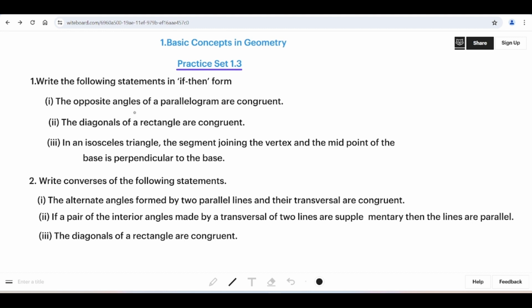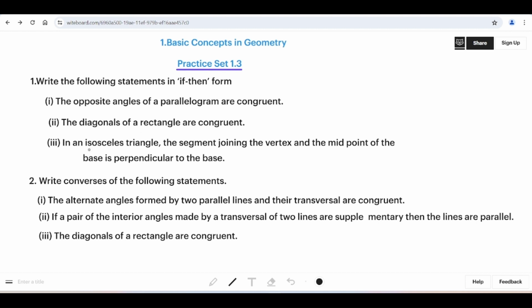The opposite angles of a parallelogram are congruent. The if-then form of this statement will be: if a quadrilateral is a parallelogram, then its opposite angles are congruent. The second question is: the diagonals of a rectangle are congruent. It can be written as: if a quadrilateral is a rectangle, then its diagonals are congruent.